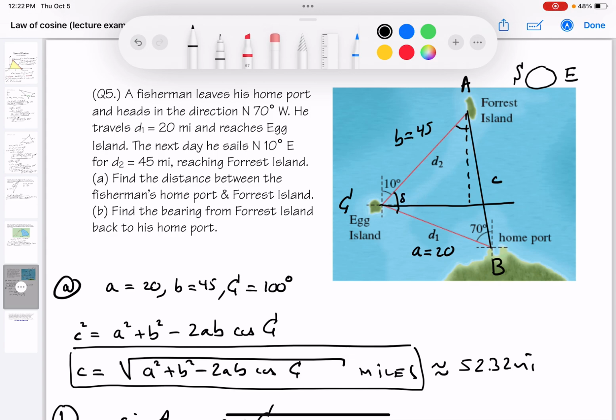That this is going to be 80 degrees, and this angle right here is going to be 10 degrees. Again, I made a right triangle. Now, what I got to do is talk about what this angle is over here. Well, it has something to do with angle A. But I just want this little tiny angle over here. So what's it going to be? Angle A, whatever that is, minus 10 degrees.